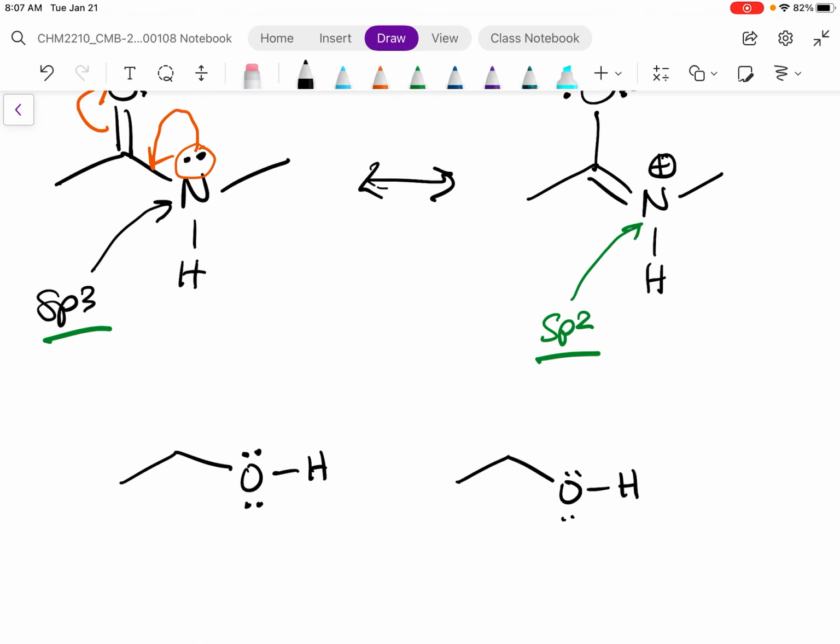But if I changed it up just a little bit, now what functional group do I have? Carboxylic acid. What is the hybridization state of that oxygen? sp3, sp2, sp? sp3?